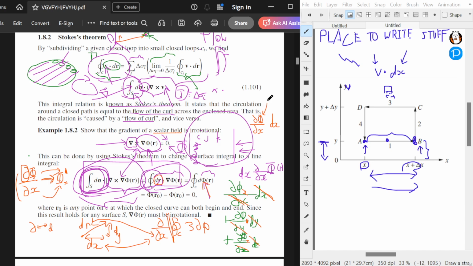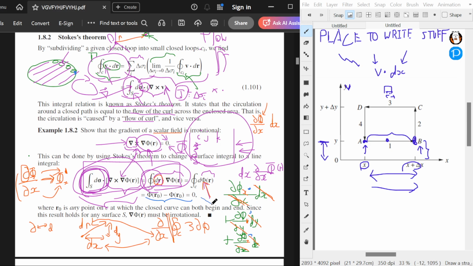I'll come back to this later. Let's just assume somehow my theory where they combine together to become del X. Let's assume that's correct. And we just do normal shenanigans: closed curve, the beginning point and end point are the same.